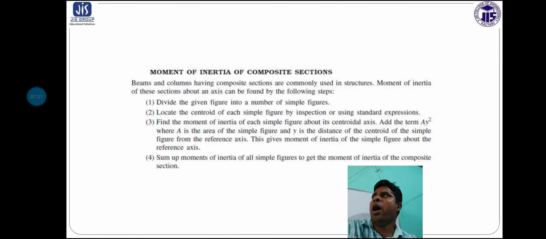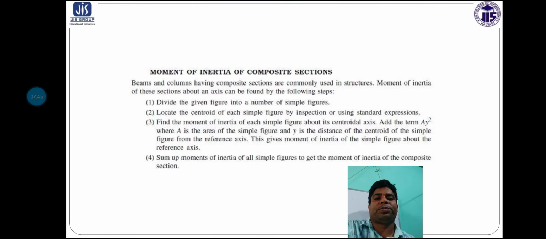Beams and columns having composite sections are commonly used in structures. The moment of inertia of the base of these sections about the x-axis and/or y-axis can be found by the following steps.